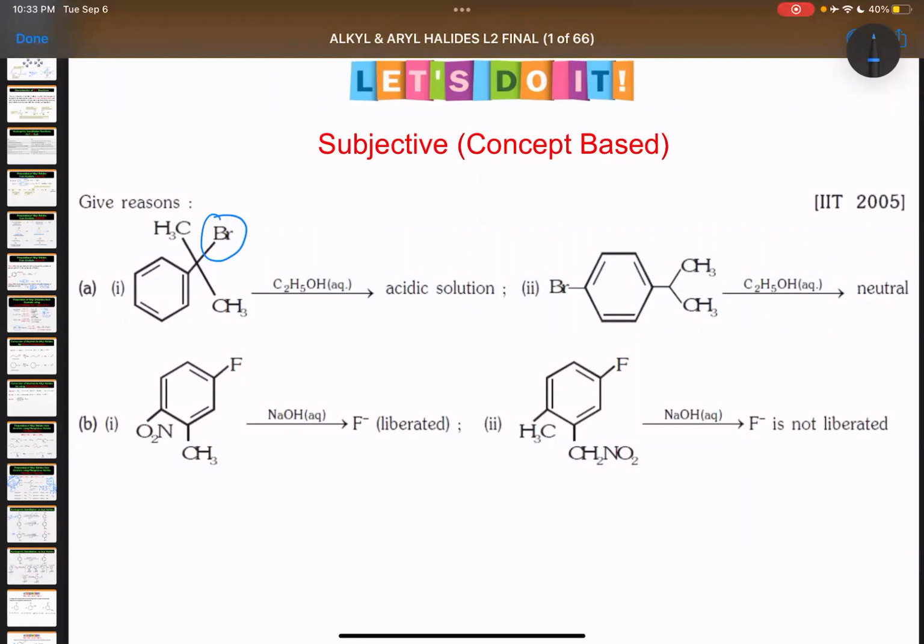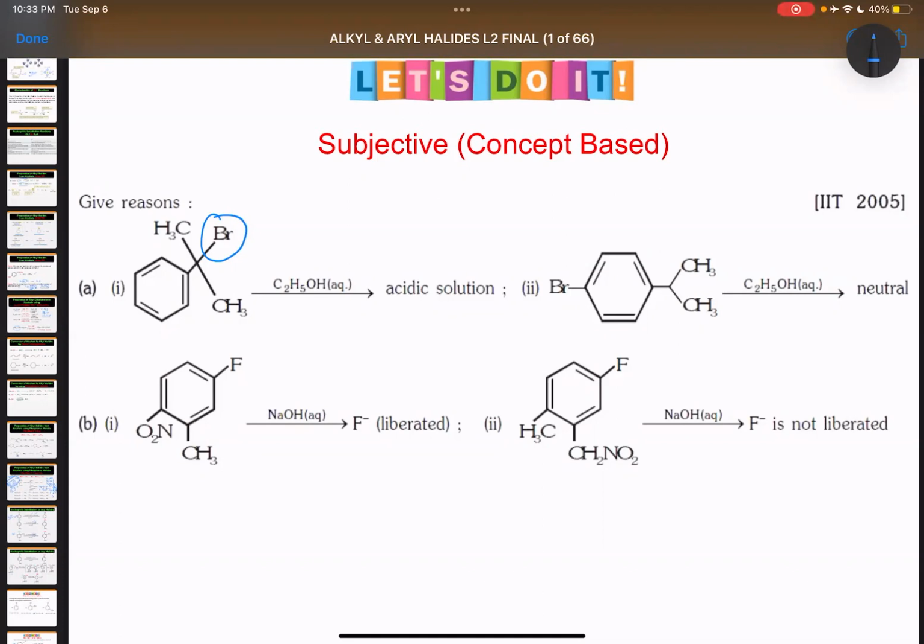But in the second one, the Br can't come out. Why is the first one acidic, sir? Because as it is SN1, the Br can come out very easily. It is SN1 and the cation is very stable. It is tertiary.